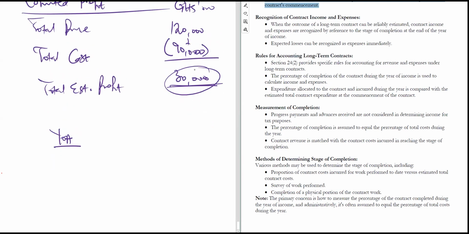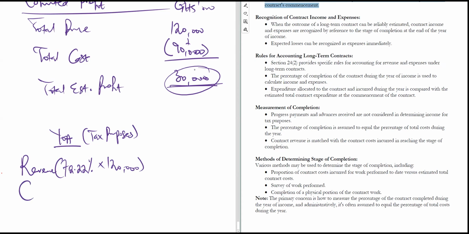For tax purposes, since we are at 72.22%, we can only recognize 72.22% of our revenue, and only 72.22% of our costs, which was 90,000. So how much would we have recognized for tax purposes for this year of assessment?